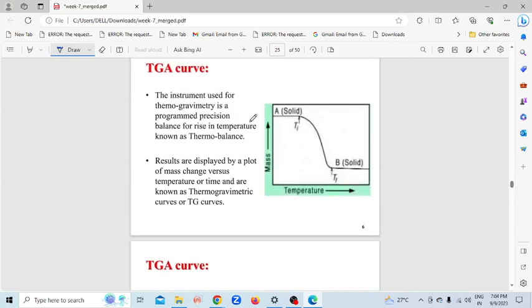So are you able to see this graph? In this TGA curve, this is the thermogravimetric analysis. And if it is a DTG curve, differential thermogravimetric, what will this graph look like?